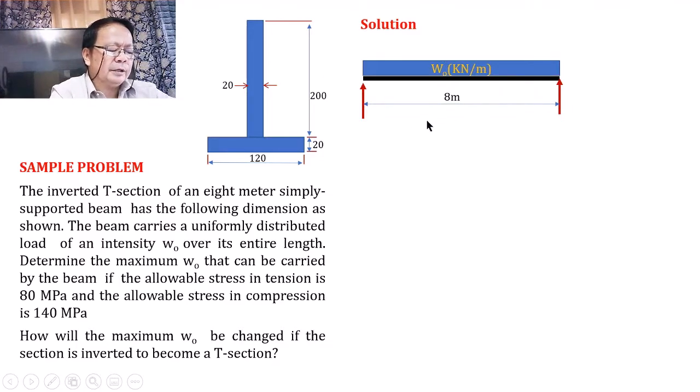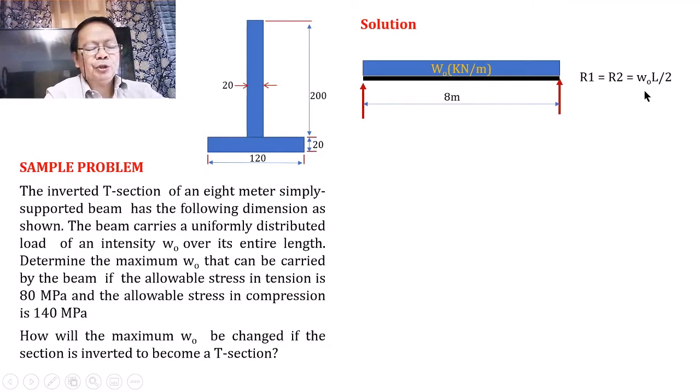And because we have here a symmetrical loading, we can expect that the reactions at the supports are equal and they will just share the total loading so that the total intensity of the reaction at the support will be equal to W sub O times L over 2.